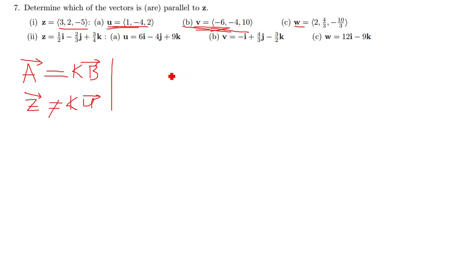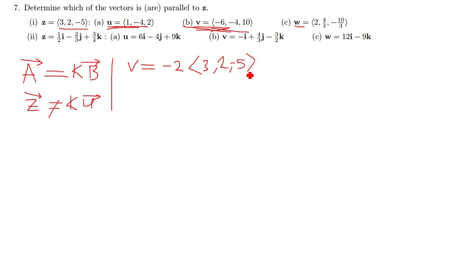Yes. So v can also be written as negative 2 open brackets 3, 2, negative 5 close brackets.